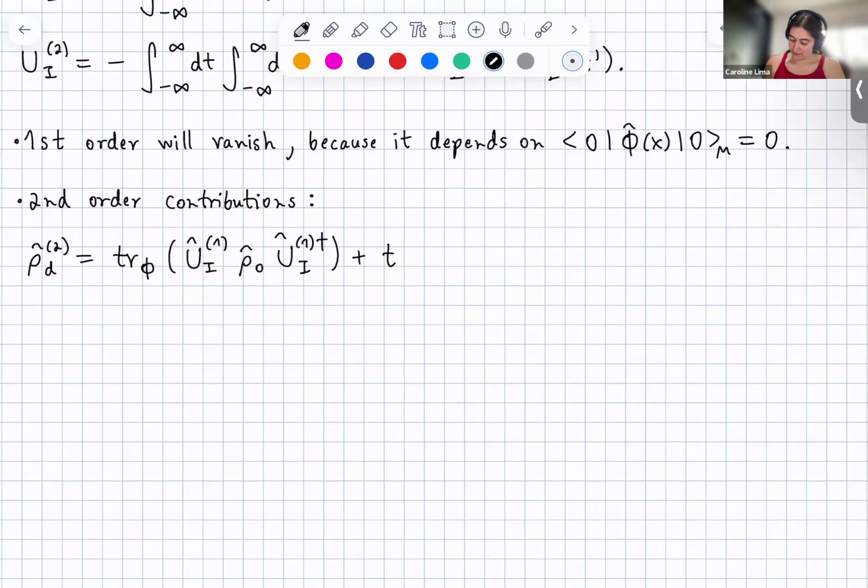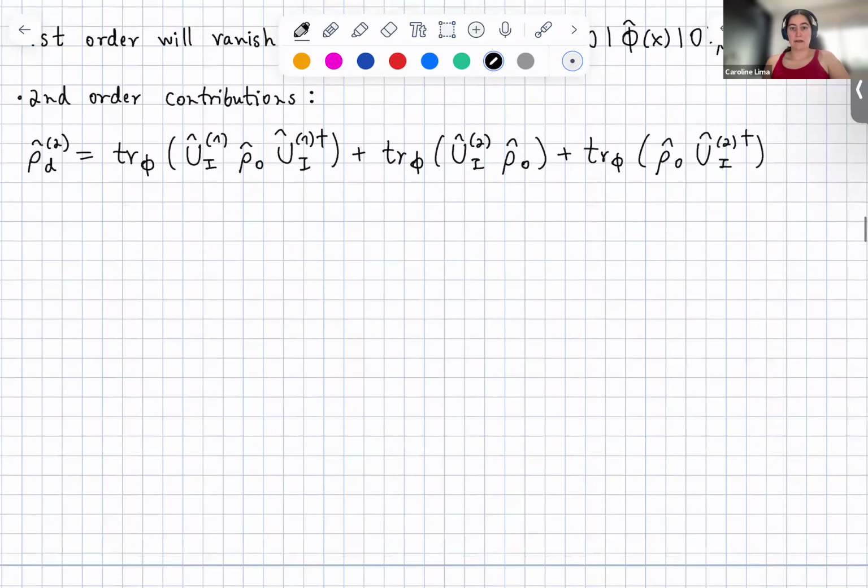And then we had a term that depended on the U2, right? So either U2 acting on rho 0 and then the trace over phi for the complex conjugation of this, right? So this term. Okay, so basically we need to compute all of those.